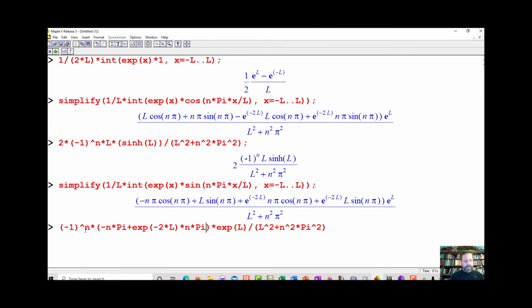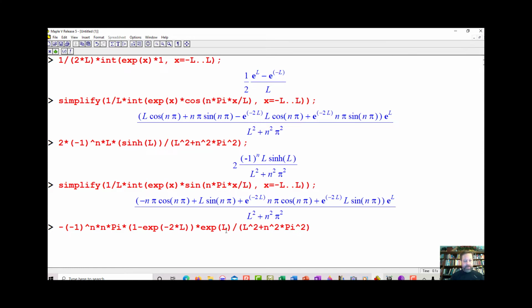Both of the remaining terms have an n times pi left over. We can factor that out. Have a -1 here. And the n times pi is now gone. I'll take out one more negative, making this into a plus and this into a minus.